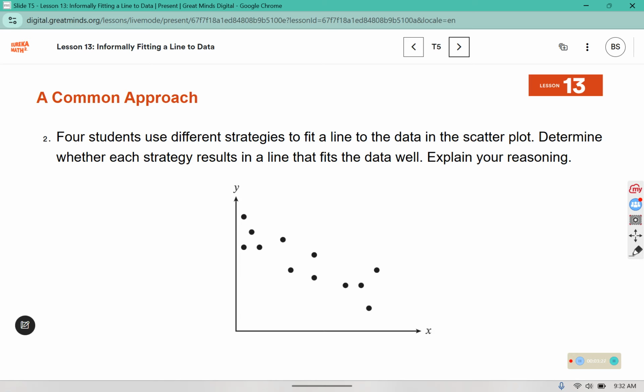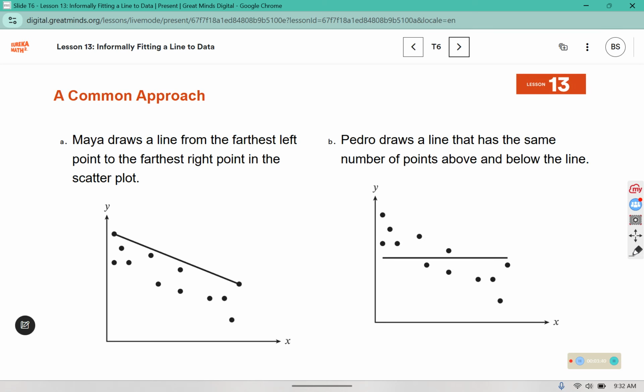Four students use different strategies to fit a line to the data in the scatter plot. Determine whether each strategy results in a line that fits the data well. Explain your reasoning. Maya starts a line from the farthest left point to the farthest right point on the scatter plot. Well, that doesn't appear to follow the pattern of data.